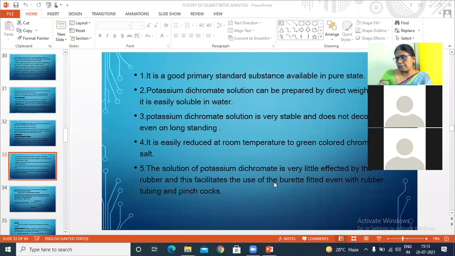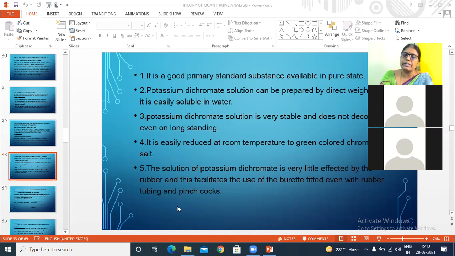Because of such important advantages of potassium dichromate, generally we can use it for dichromatic titrations. It can act as an oxidizing agent, but its oxidizing nature is less compared to potassium permanganate. Wherever it is possible, we can use dichromatic titrations instead of permanganometric titrations.